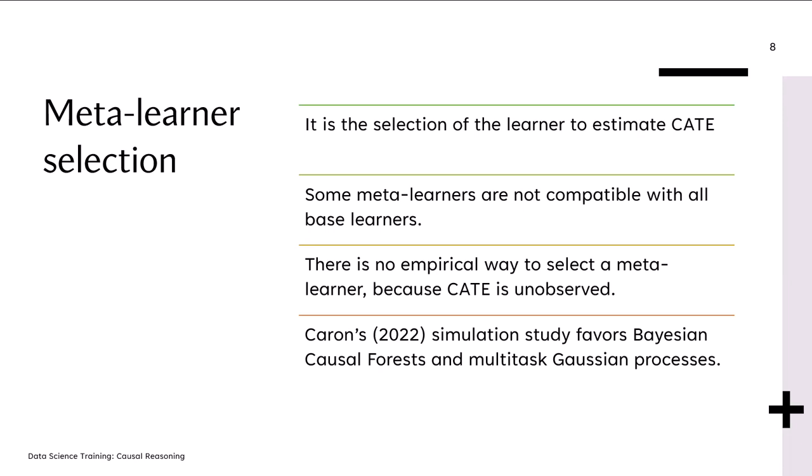There is really no ground truth for applying a meta-learner. Now, there are simulation studies such as Carroll's study that found that Bayesian causal forest and multitask Bayesian processes work better, but this is a field that still needs a lot of work.